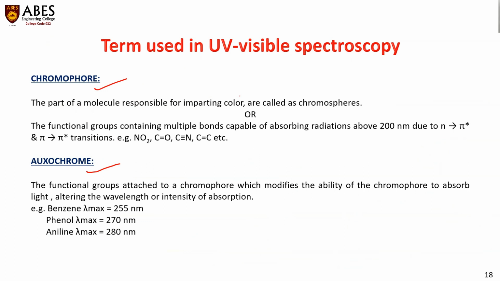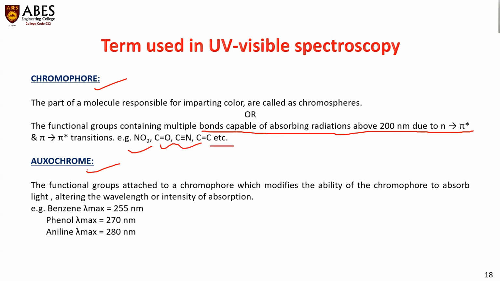That means chromophores are the parts of molecules which absorb UV radiation and get excited from the ground state to the excited state. Some functional groups containing multiple bonds are capable of absorbing radiation above 200 nanometer due to non-bonding to pi star and pi to pi star transitions. For example, nitro group, carbonyl, cyano, and double bond.